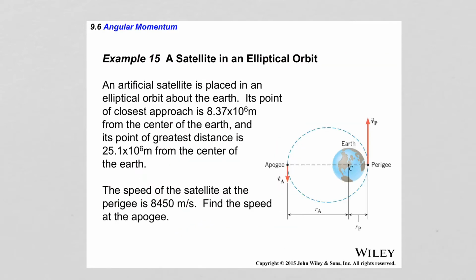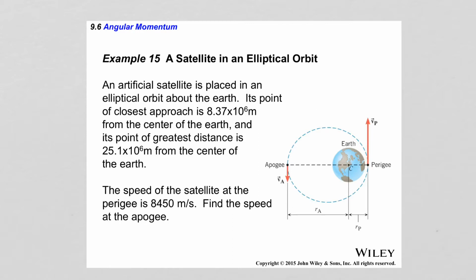So let's apply conservation of angular momentum to this problem about a satellite in an elliptical orbit. This also applies for the Earth orbiting around the Sun as well. An artificial satellite is placed in an elliptical orbit about the Earth. Its point of closest approach is 8.37 times 10 to the 6th meters.